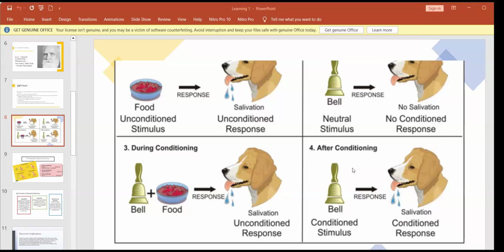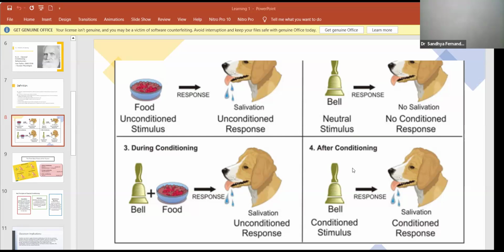Ringing of the bell. Bell. Okay. So what is the conditioned stimulus and conditioned response? That is new learning. Conditioned stimulus, the learned one, new learning, the bell sound. And salivating to the bell sound is the conditioned response.